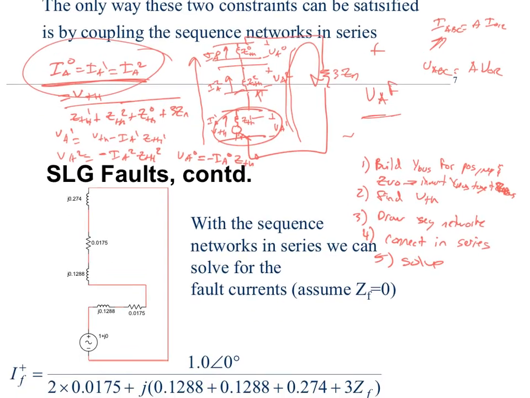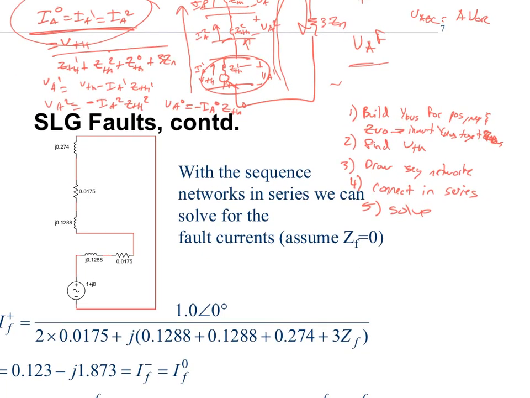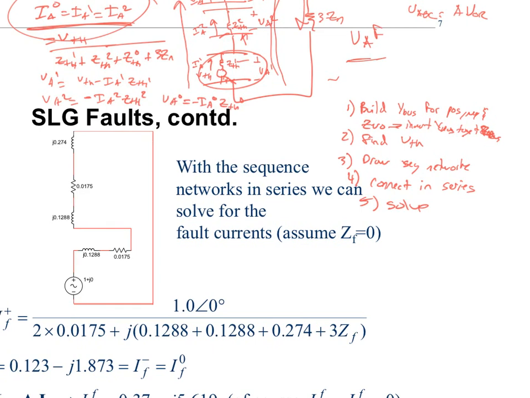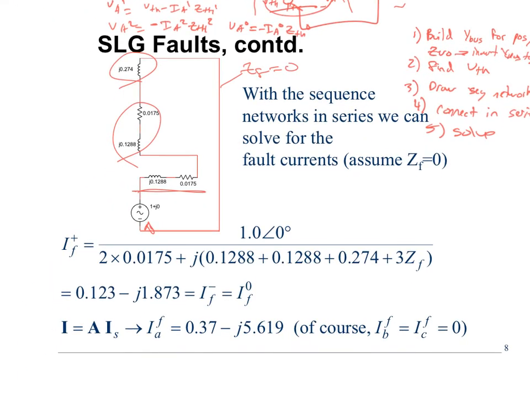So for single line to ground fault for the system, we have our voltage source. This is the positive sequence Z Thevenin, the negative sequence Z Thevenin, and the 0 sequence Z Thevenin. And then I assumed that Z at the fault was equal to 0. So I take my voltage, 1 at an angle of 0, unloaded system, divide it by the three summed together.